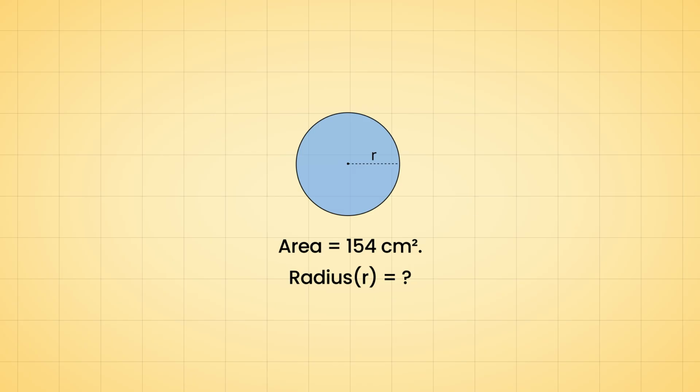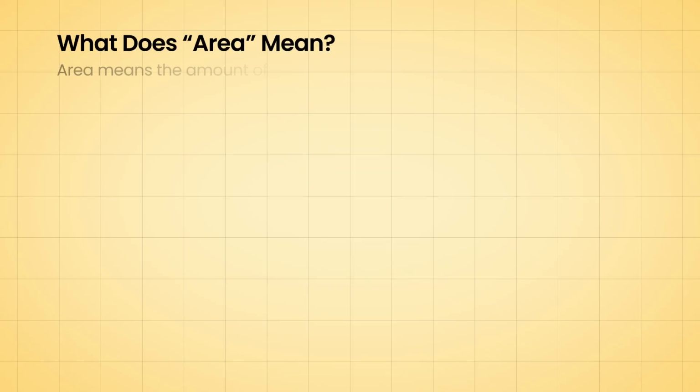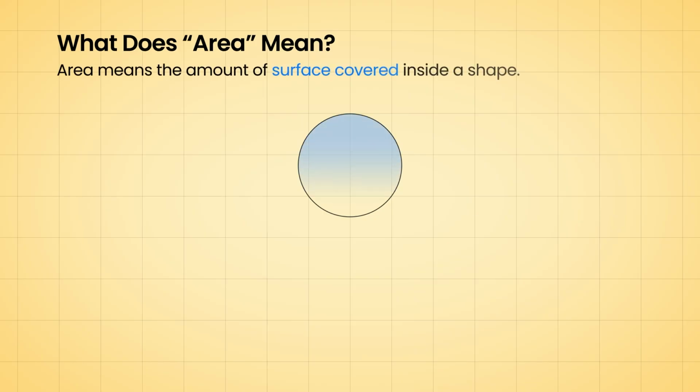Now, let's break down the question. We are given a circle with an area of 154 centimeters squared, and we need to find its radius. Remember, the radius is the distance from the center of the circle to its outer boundary, which is called the circumference. Now, let's understand what area actually means. Area is simply the amount of space or surface covered inside a shape.